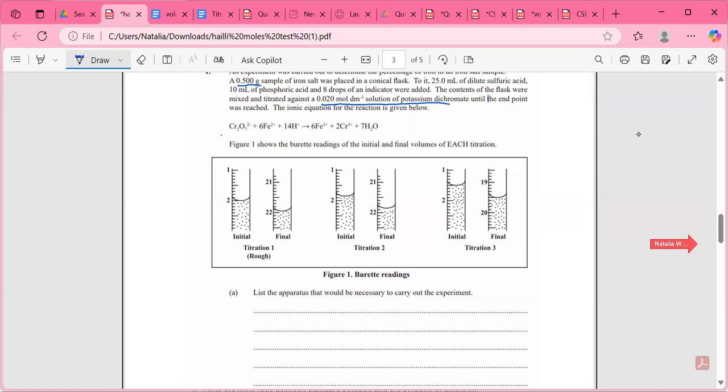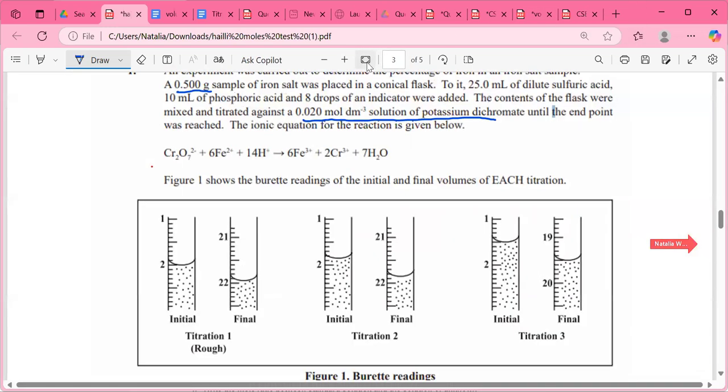Figure 1 shows the burette reading of the initial and final volumes of the titration. I'm going to zoom in so you can read them off.